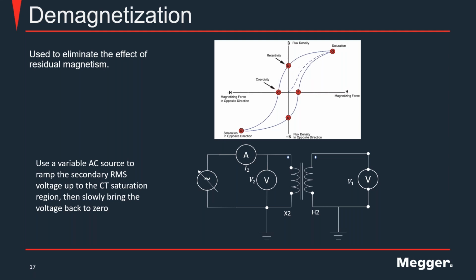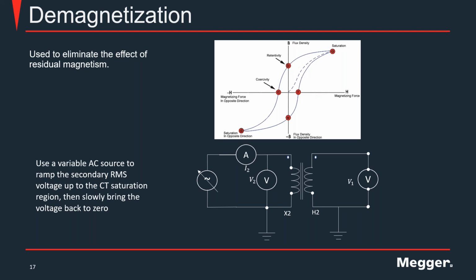Remember that all our metering and protection systems are based on measuring sinusoidal waveforms, sinusoids. Now, when you have a saturated CT, at some point, you stop getting a sinusoid on the other side. You start getting a very deformed waveform.